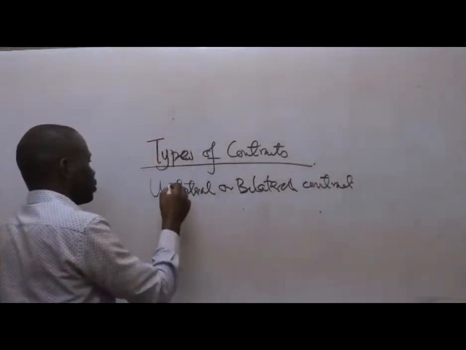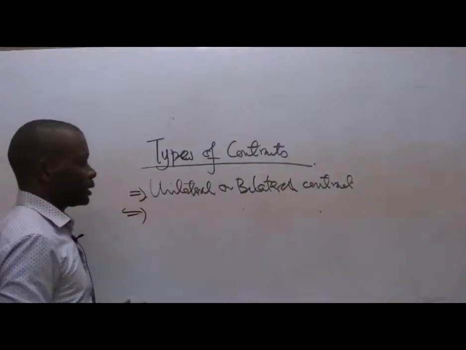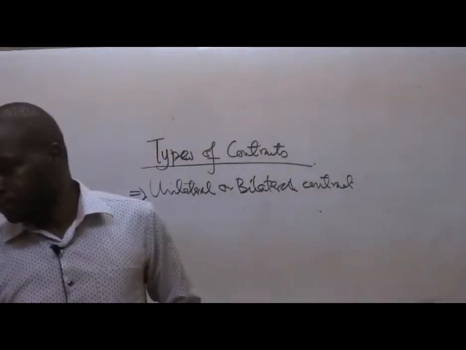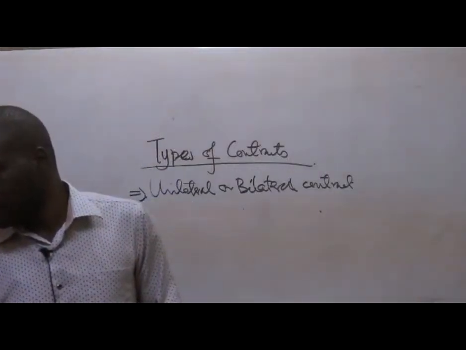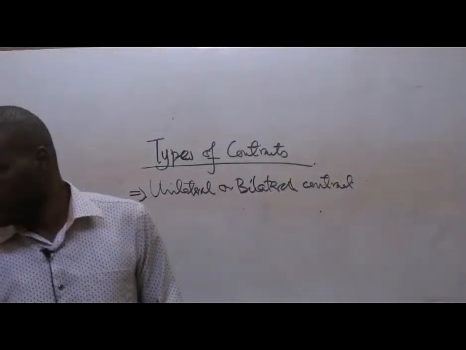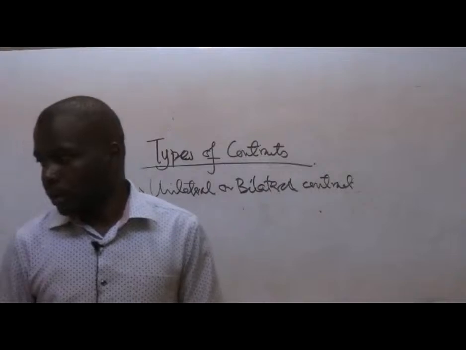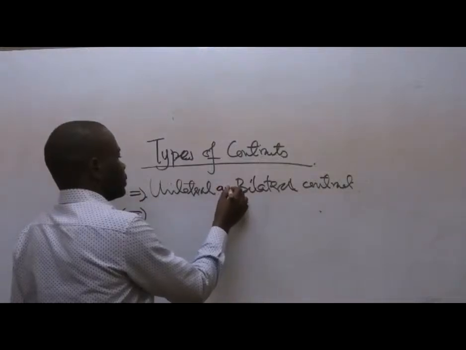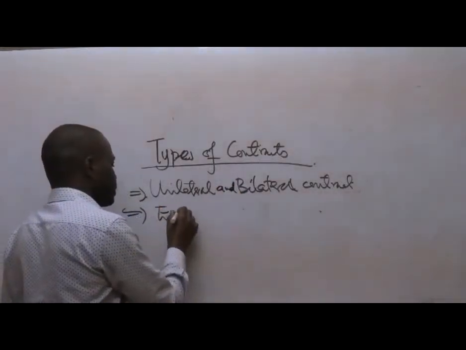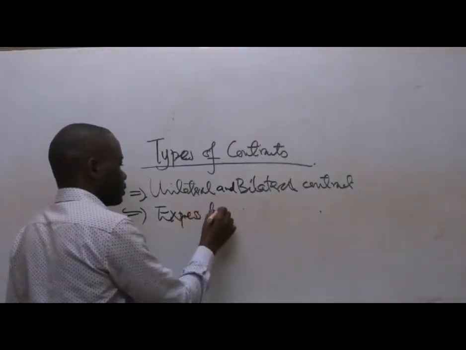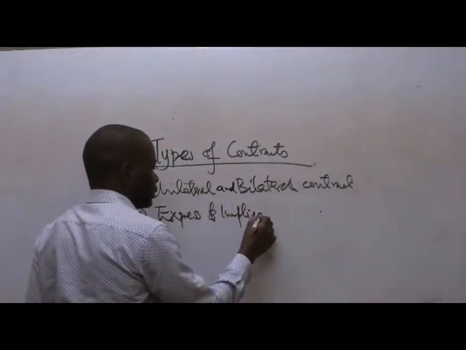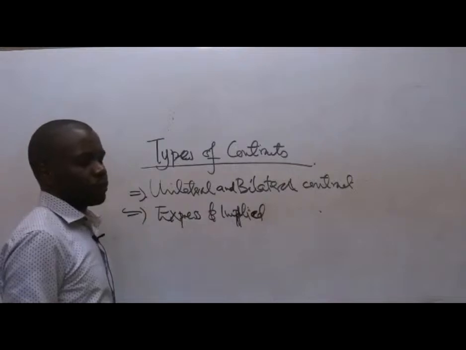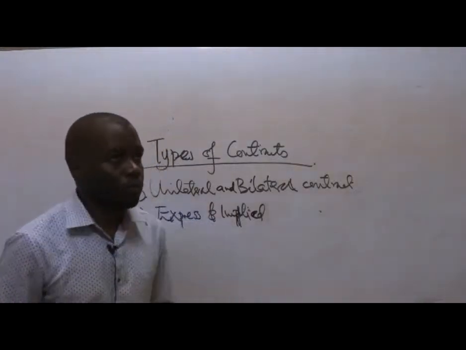Then express and implied contracts. So these are instead of or, you can just say and. Express and implied contracts.